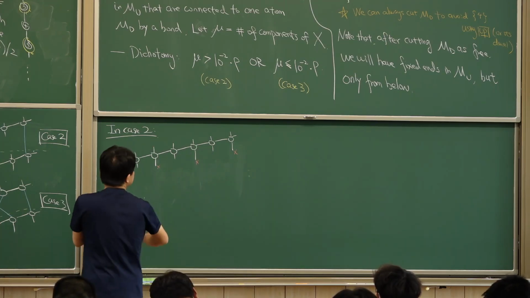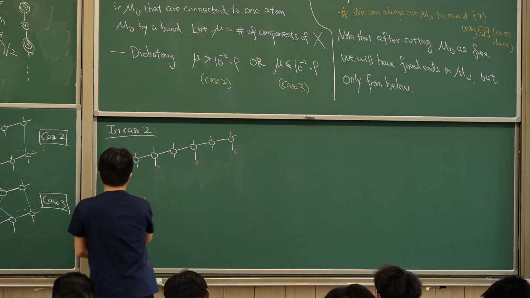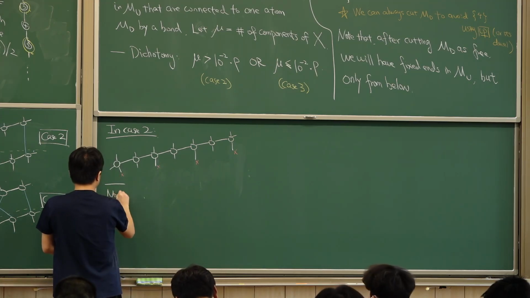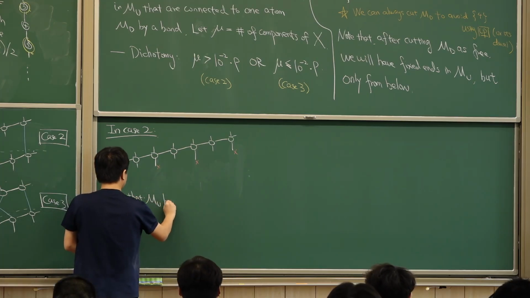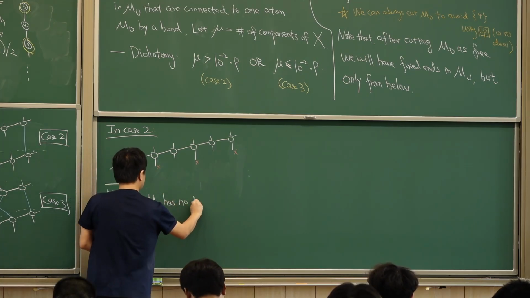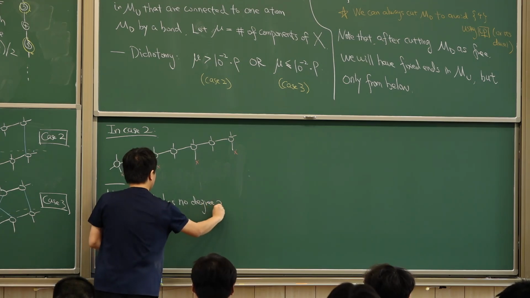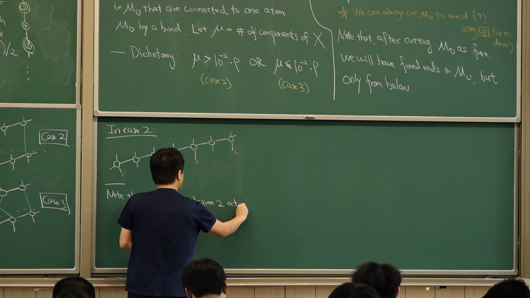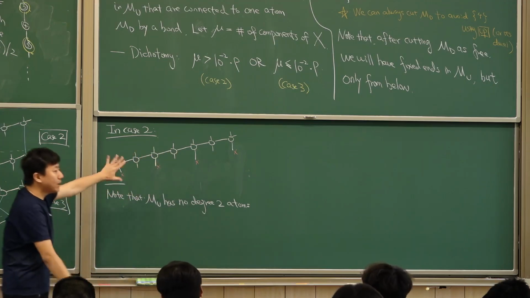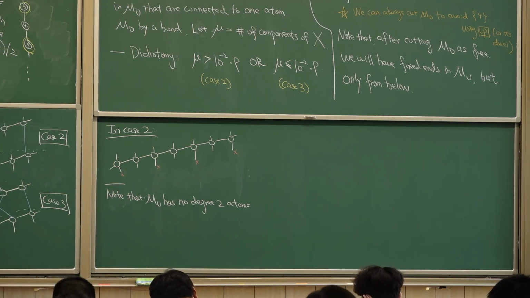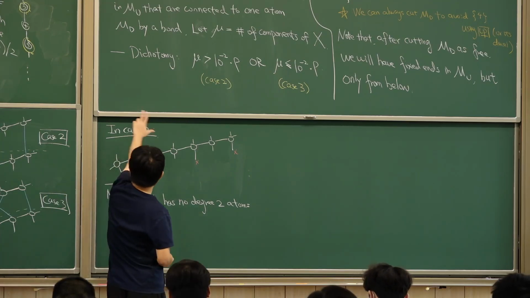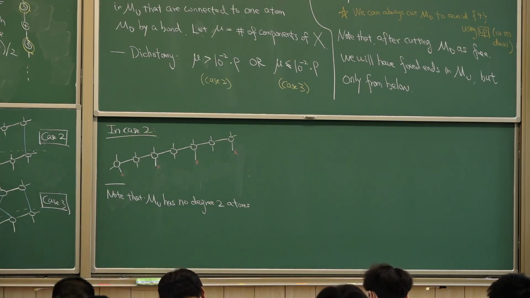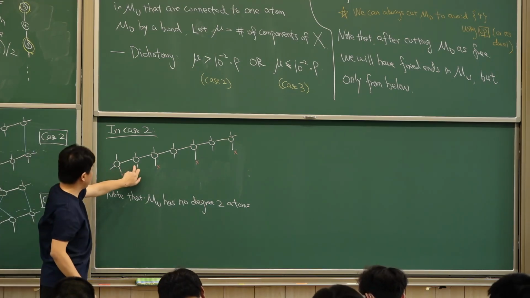And then notice that it has no degree 2 atoms. Basically, for any atom, how many edges are affected, how many degrees are affected. If something has no connection to MD, like this one, then initially it's degree 4, and now it's still degree 4. This is still degree 4.